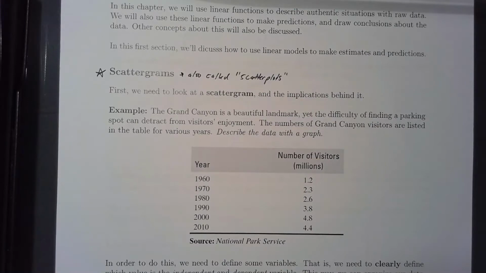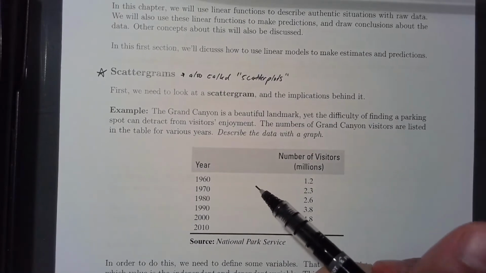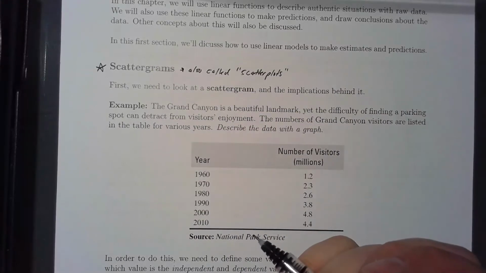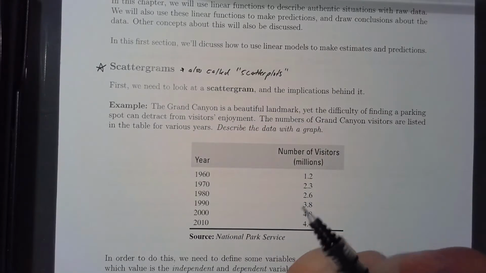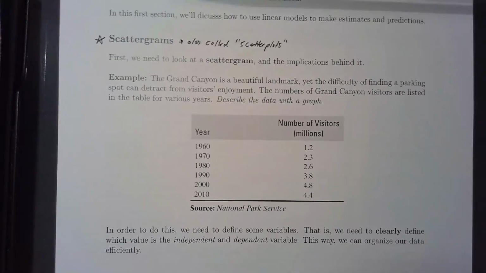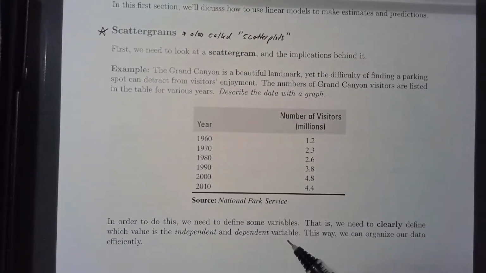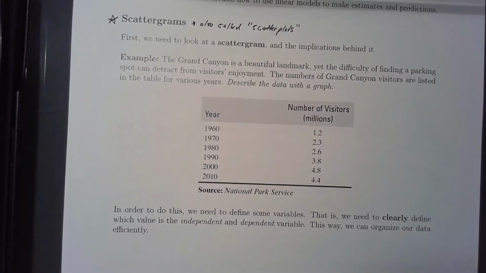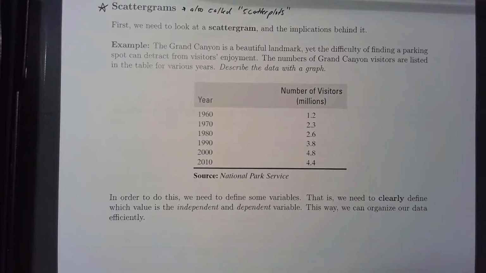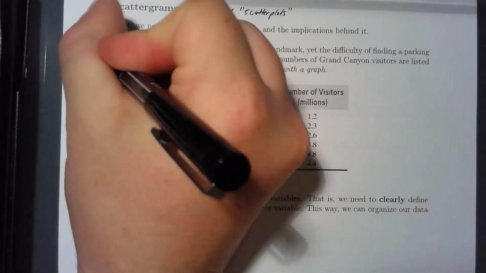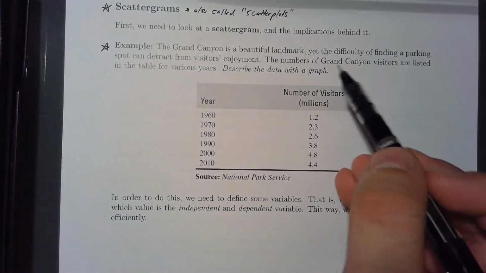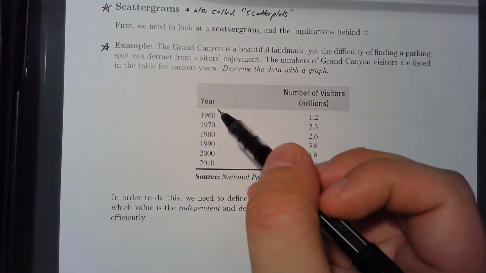So a scatter plot displays raw data from a given experiment or a given study, and it displays them on the graph in a way that shows where each ordered pair is located. If we look at this raw data here, this data measures the number of Grand Canyon visitors for various years.